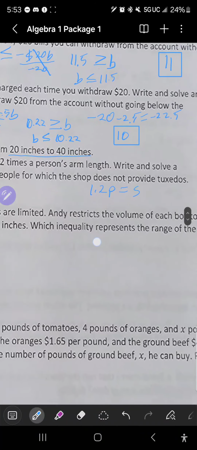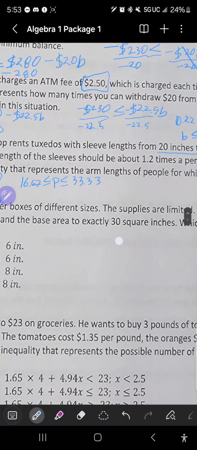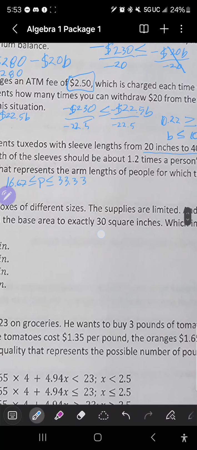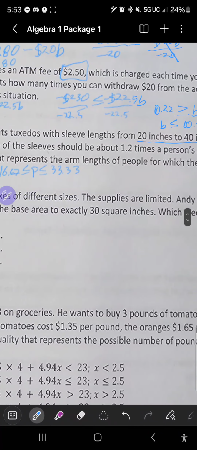But the question is asking to write and solve a compound inequality that represents the arm lengths for people for which the shop does not provide tuxedos.